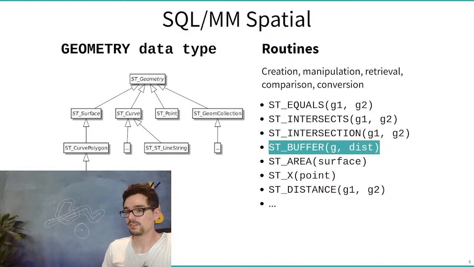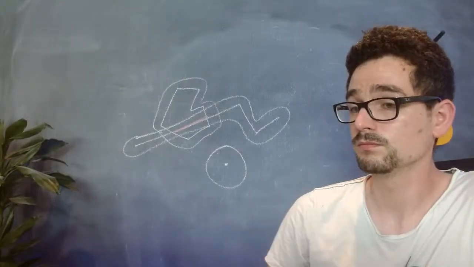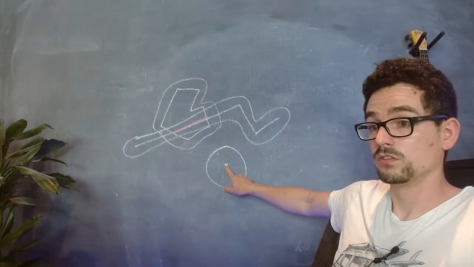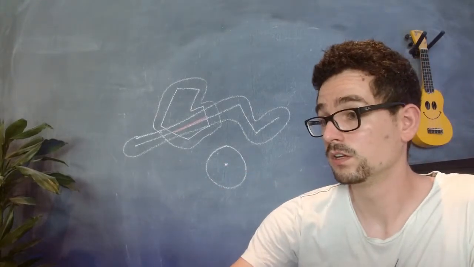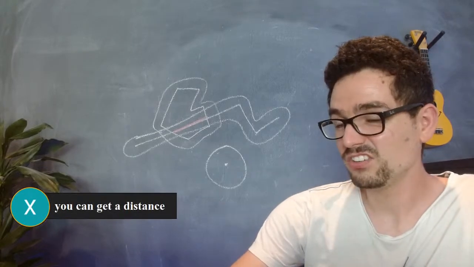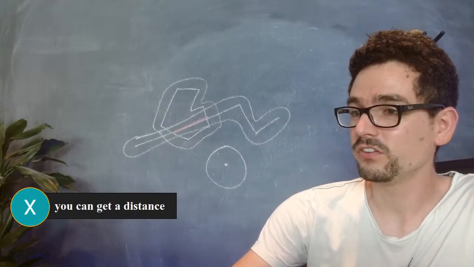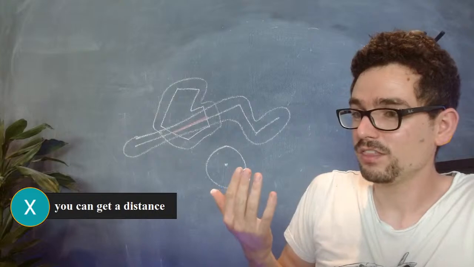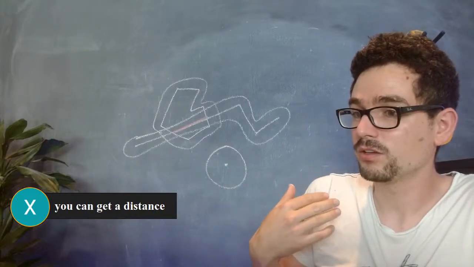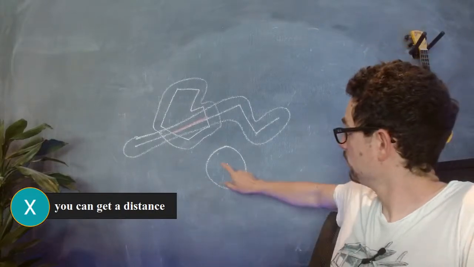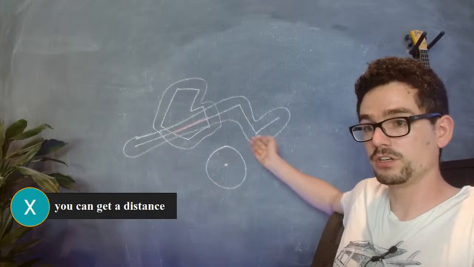Why can this be useful? You can get a distance? No, because the distance is provided in the buffer function. I have to provide the distance. I say this point, comma, 50 kilometers.